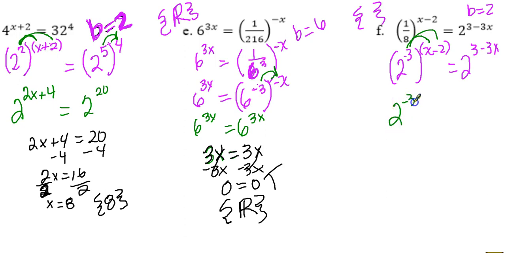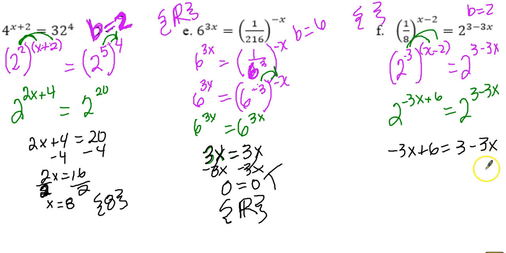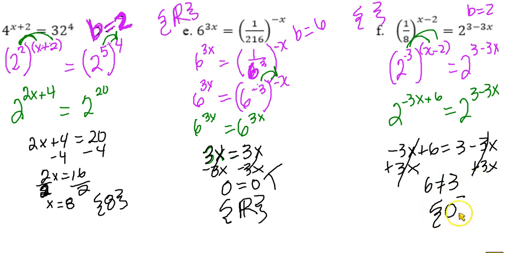That's 2 to the negative 3x plus 6 equals 2 to the 3 minus 3x. We're going. Come on. Negative 3x plus 6 equals 3 minus 3x. Add 3x. They cancel out, and you're left with the statement 6 equals 3. This is false. Therefore, oh, empty set. No number inside. Empty set.